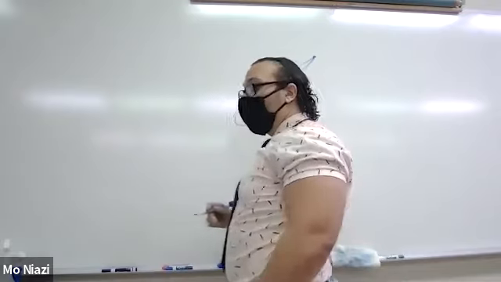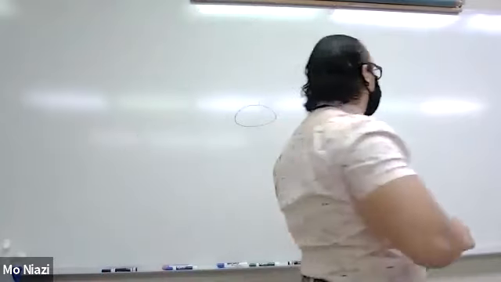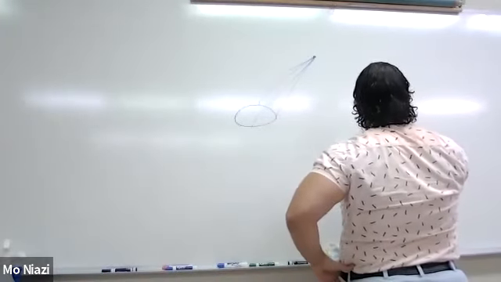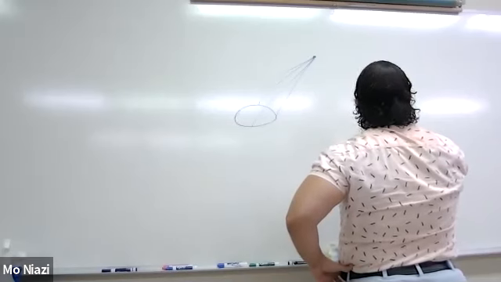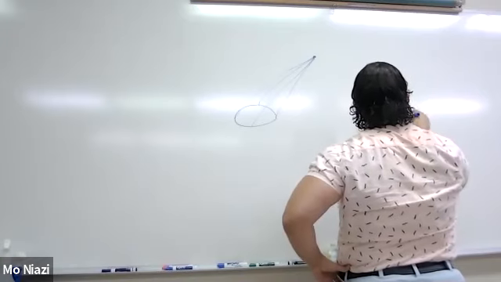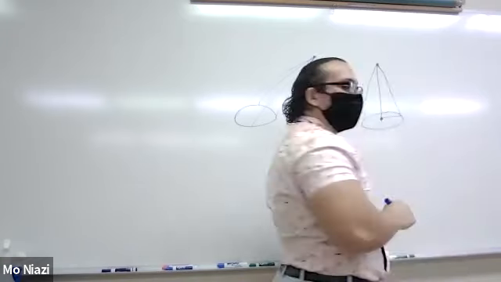Okay, so you create a cone, but that doesn't look like the cone you're used to, right? You're used to a right cone. That cone doesn't look right over there. So we're going to make it right. Okay. And here's some terminology here.